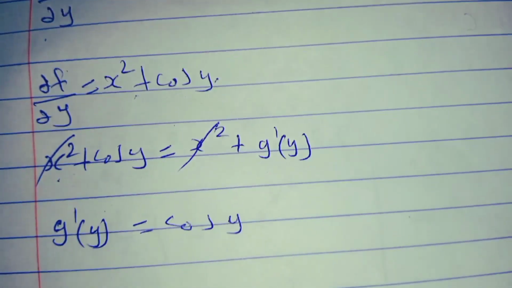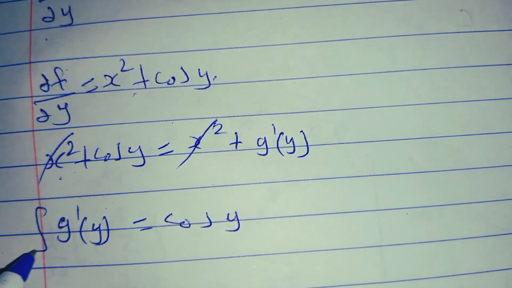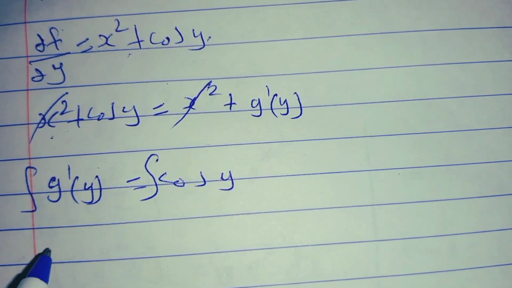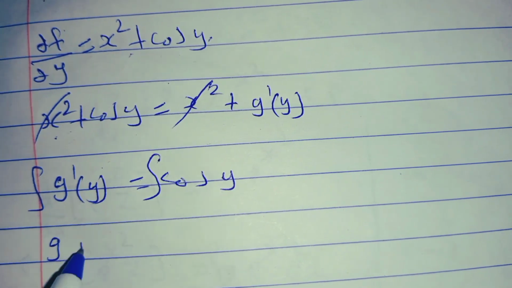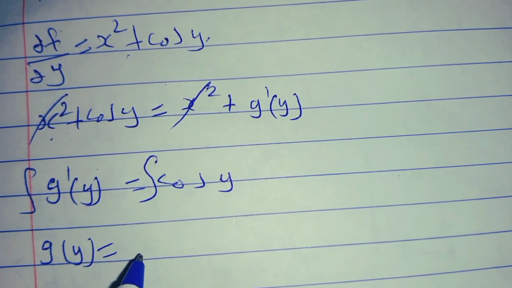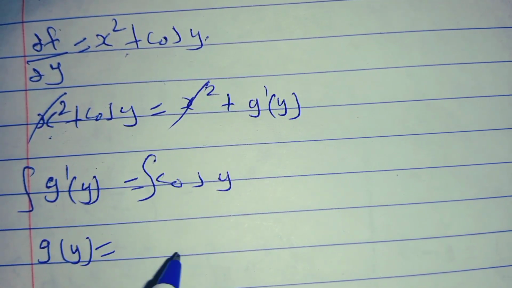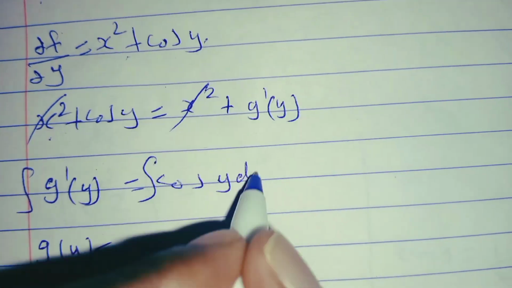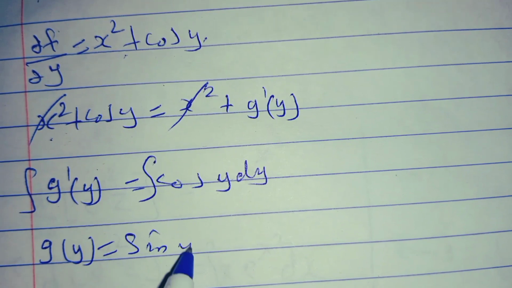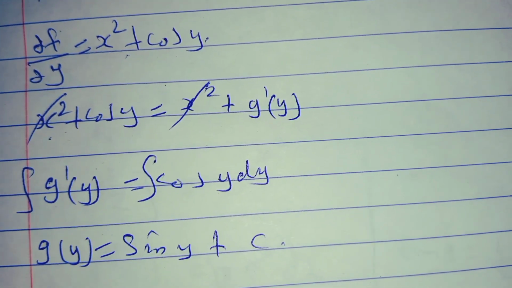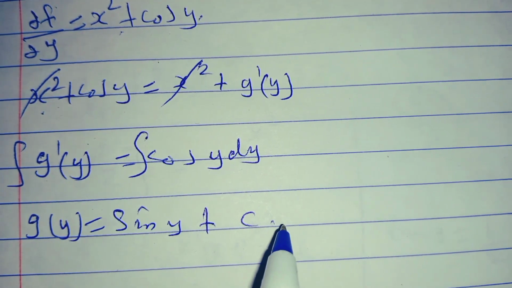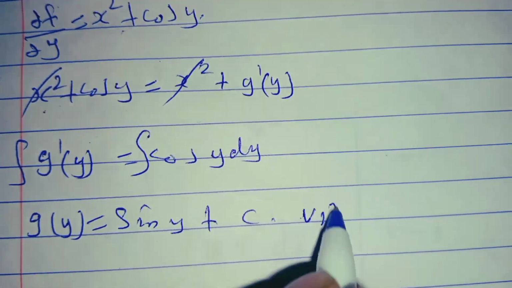Then you integrate both sides of this equation. When you integrate a derivative, you are left with the function. So g of y is equal to the integral of cos of y, which will be sine of y plus a constant c, whereby c is the constant of integration. You call this equation 6.